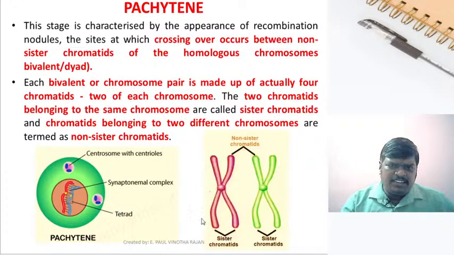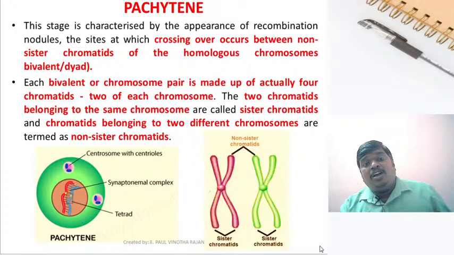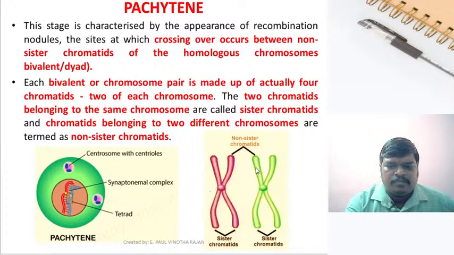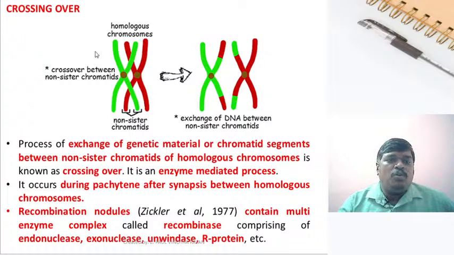The two chromatids that belong to the same chromosome we call sister chromatids. Different chromosomes, non-sister chromatids. Both the non-sister chromatids come together like this, and then crossing over takes place. The exchange of segments takes place here. After that, it will become like this.